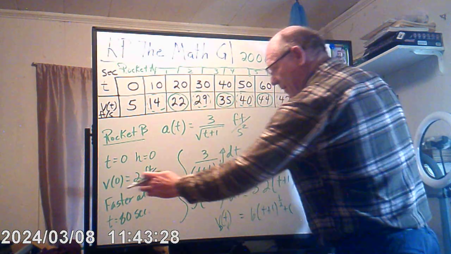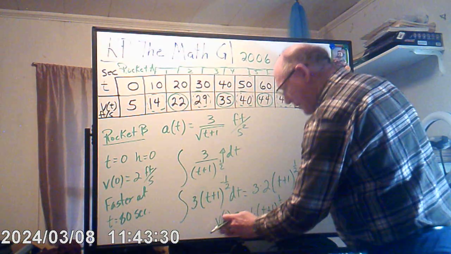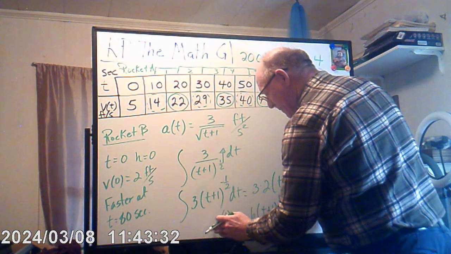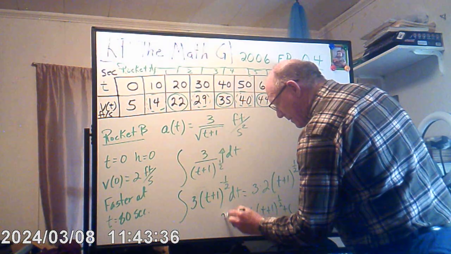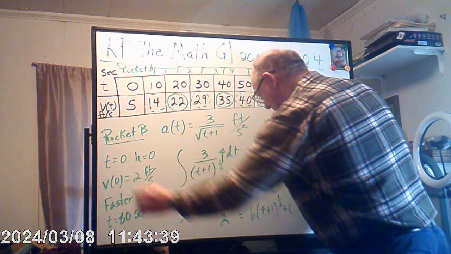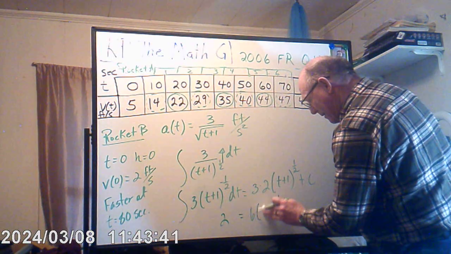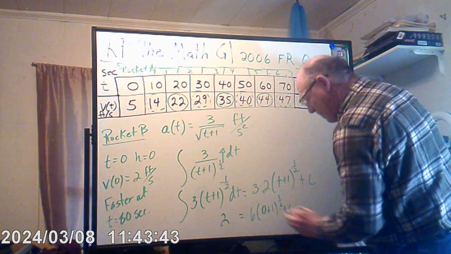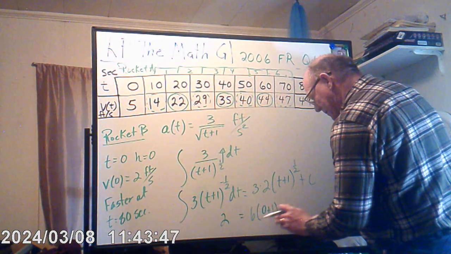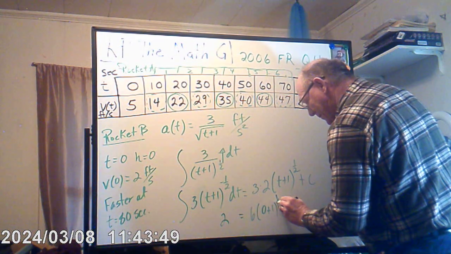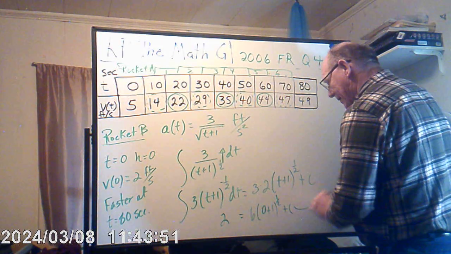Now I do know that v at 0 is equal to 2. So 2 is in place of v at t, and 0 is always in place of t itself. So right here I'm just going to plug the 0 in, and there it is. This, by the way, is the square root. So 1/2. Let me just go ahead and rewrite it here.